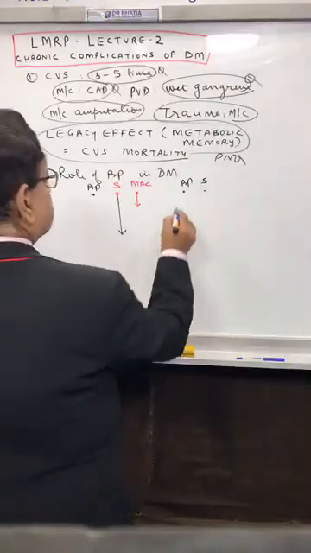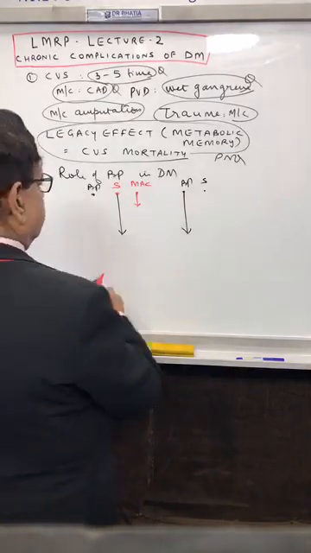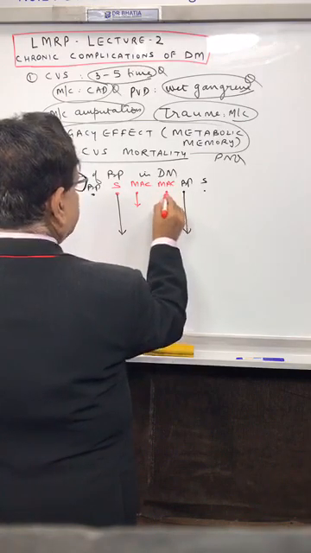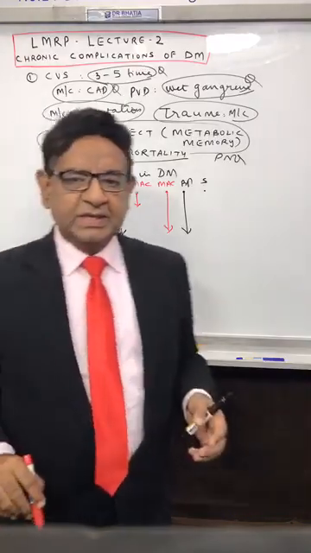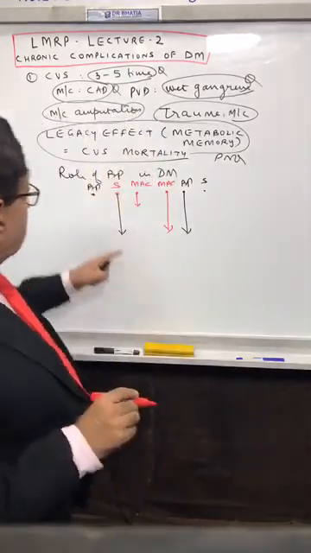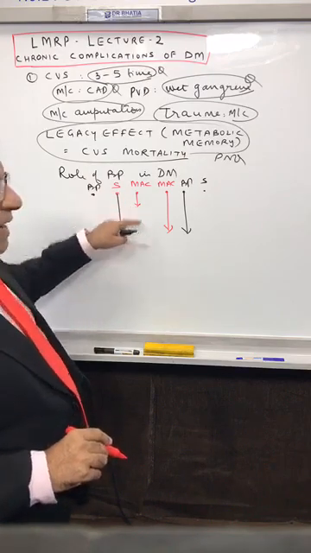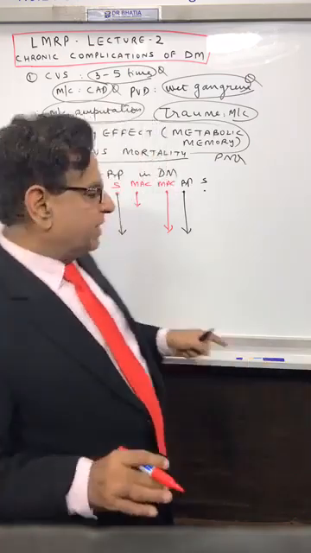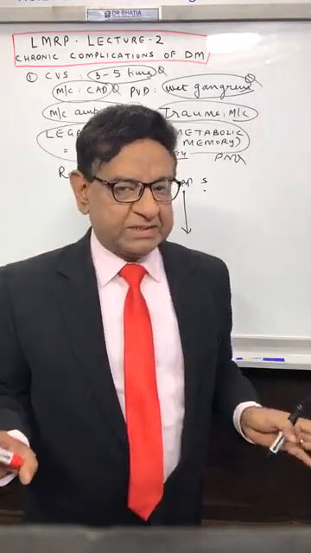The cardiologist controls the BP but does not control sugar. His macrovascular complications like CAD will go down drastically. What we notice is that in a diabetic patient, if you control sugar only and don't control BP, macrovascular complications are reduced only minimally. But if you control BP, macrovascular complications go down drastically.